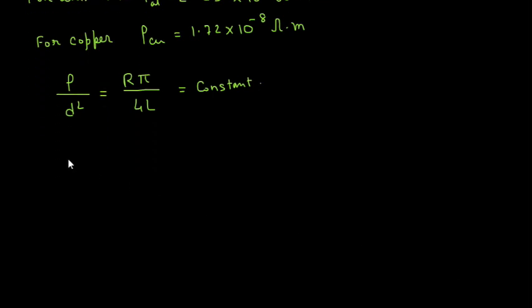So in this case, we can write resistivity of aluminum upon resistivity of copper will be equal to resistivity of aluminum upon diameter of aluminum square, and resistivity of copper upon diameter of copper square.